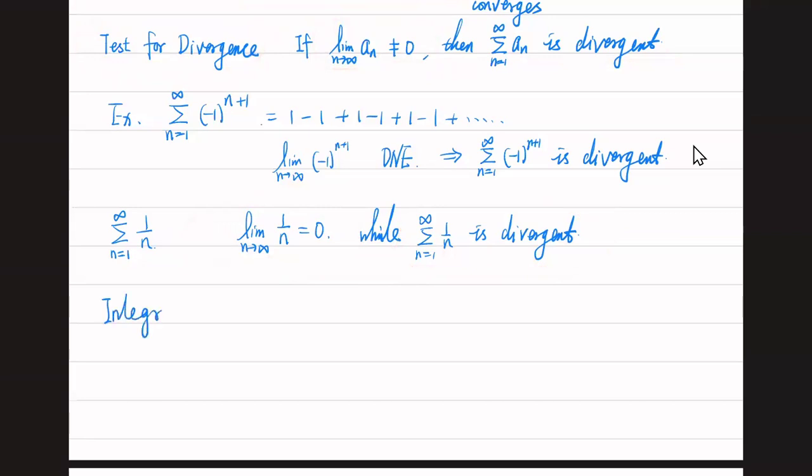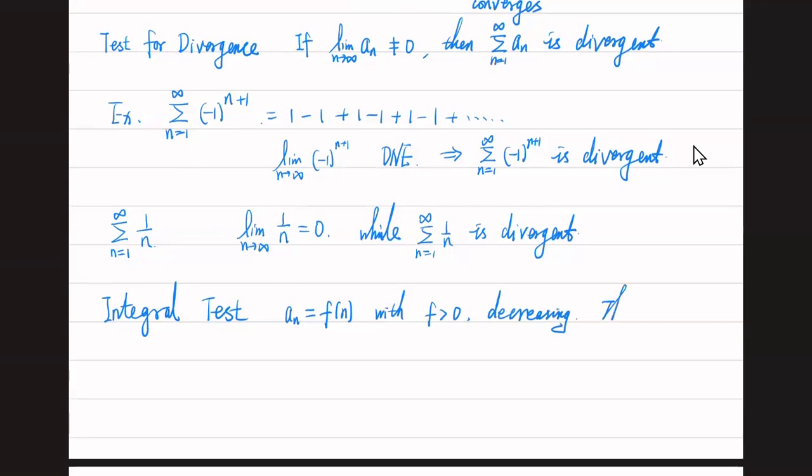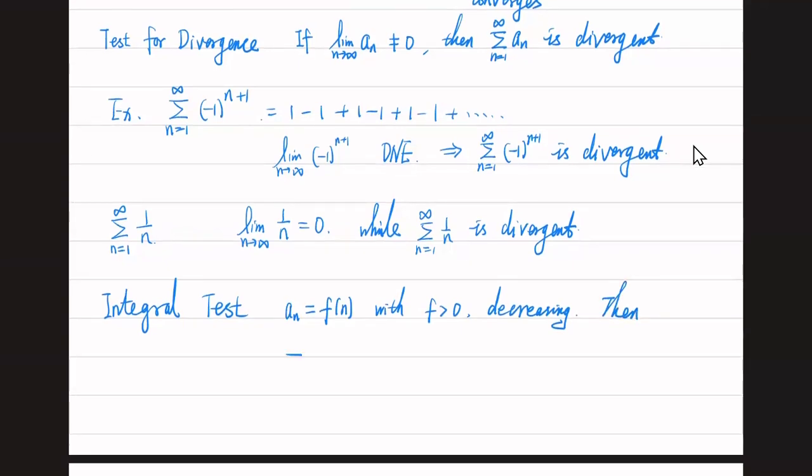The integral test: if the entry is the value of a function at n, with the function positive and decreasing, then the series and the integral either converge or diverge at the same time.